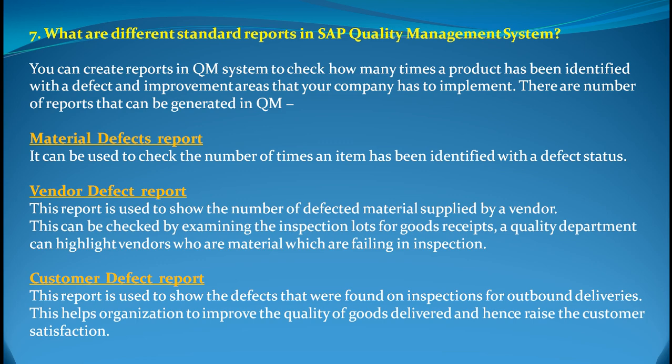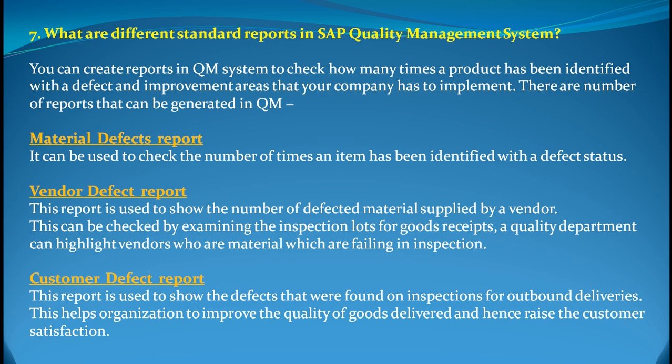You generally have a goods receipt, and pertaining to this goods receipt you have an inspection lot, so you would be examining this. And a quality department can highlight vendors whose materials are failing in inspection. So now if there are three vendors A, B, C, and if C has the worst, then you can highlight this vendor saying that his materials are not matching up to the standards.